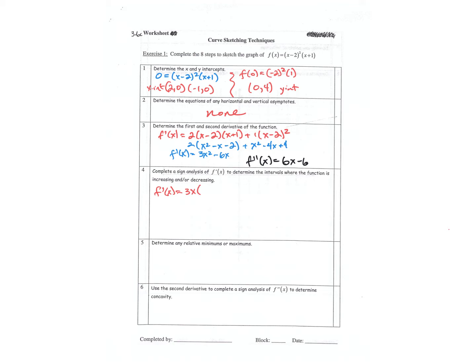So now I'm left with 3x times x minus 2. And so I end up getting x is equal to 0 and x is equal to 2. So what are my intervals? Negative infinity to 0, 0 to 2, and 2 to infinity.